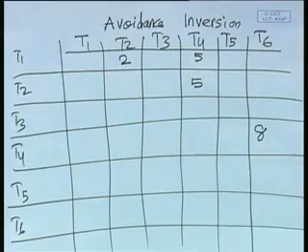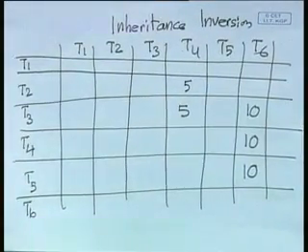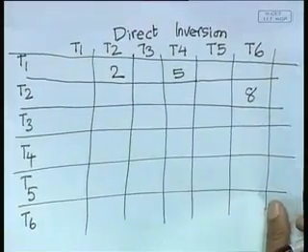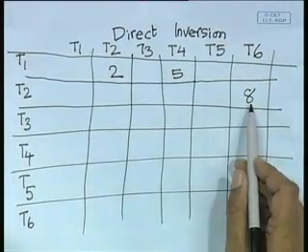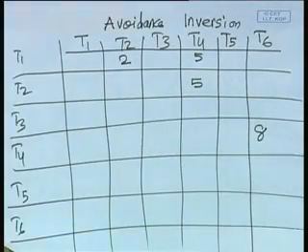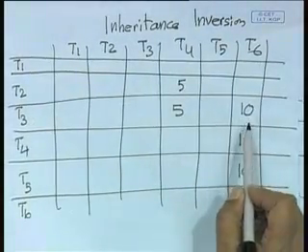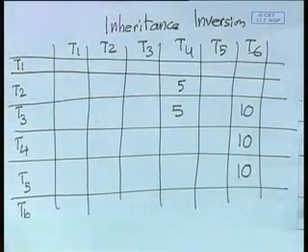For T2, avoidance inversion is 5, inheritance inversion is 5, direct inversion is 8. So, the maximum inversion it can undergo is 8. Similarly, T3 undergoes no avoidance inversion, inheritance inversion 10. So, the maximum inversion is 10.